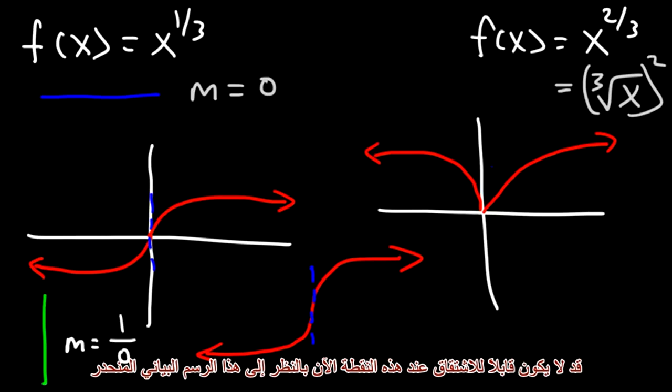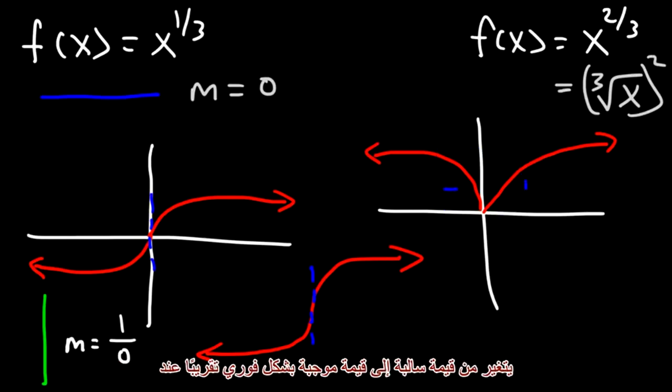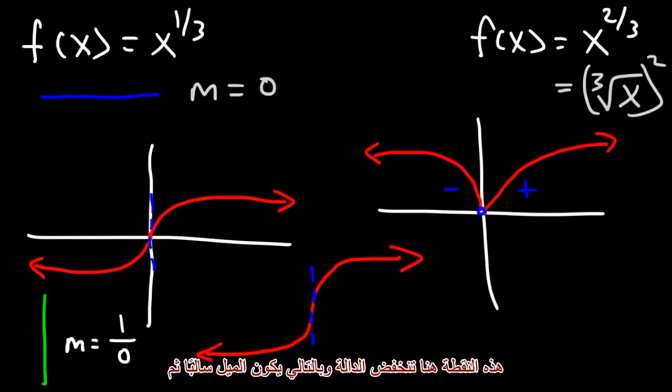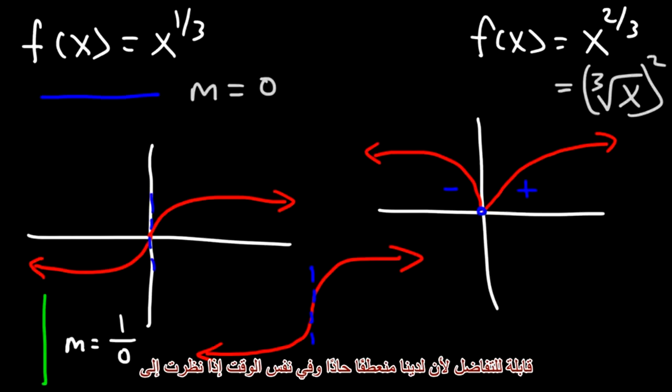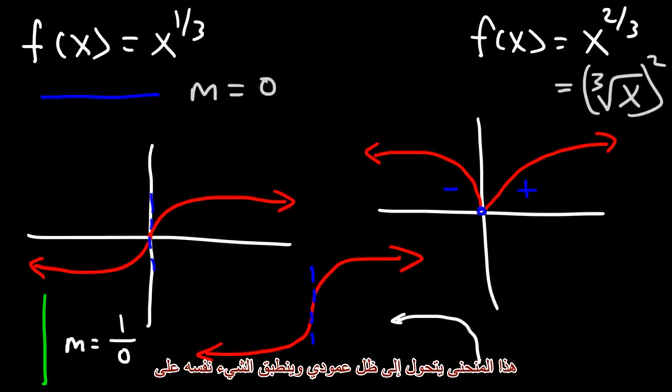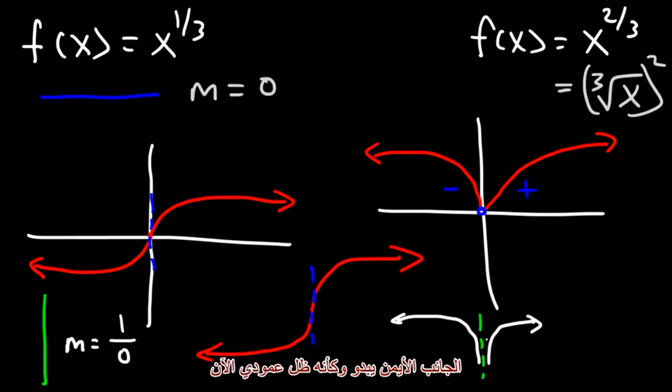Now, looking at this graph, the slope changes from a negative value to a positive value almost instantaneously at this point. Here, the function is going down, so the slope is negative. And then the function is going up, so the slope is positive. And so it's not going to be differentiable because we have a sharp turn. And at the same time, if you look at this curve, it's turning into a vertical tangent. And the same is true for the right side. It looks like a vertical tangent.